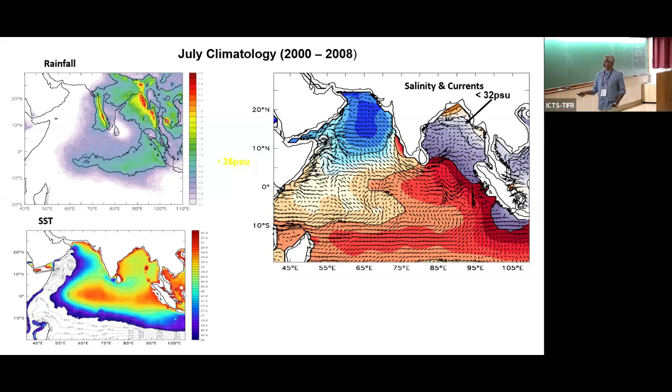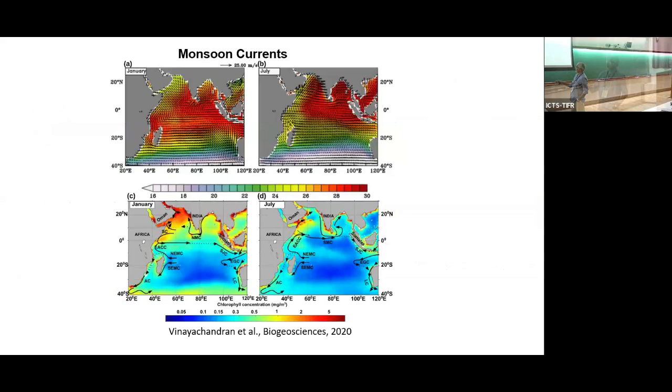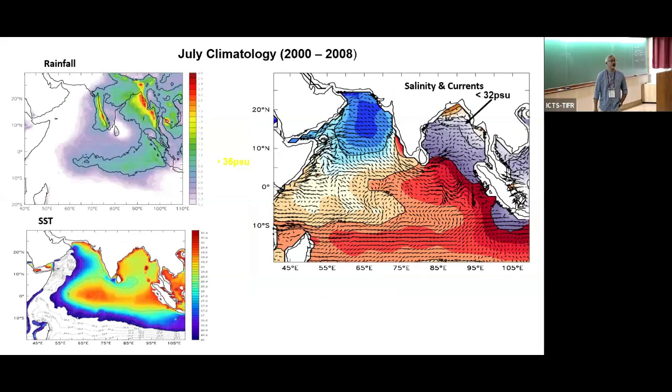The sea surface temperature pattern is such that there are strong upwelling systems sitting along the western boundary due to the strong Somali current and upwelling off the coast of Arabia. Owing to that, the western side of the Indian Ocean is cooler compared to the eastern side. So the eastern part of the basin is warm and receives a lot of rainfall. Therefore, the eastern side of the Indian Ocean, the Bay of Bengal, has very low salinity compared to its western side.